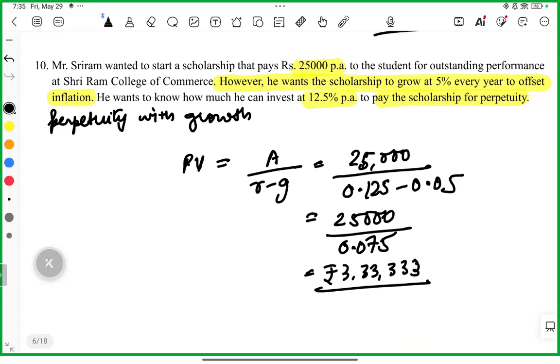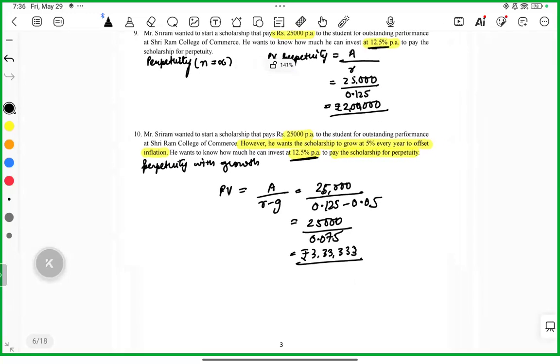So if you invest 3,33,333 at an interest rate of 12.5% per annum, you will be able to give 25,000 plus growth rate every year for infinite years. This is the logic of it. This is growing perpetuity.